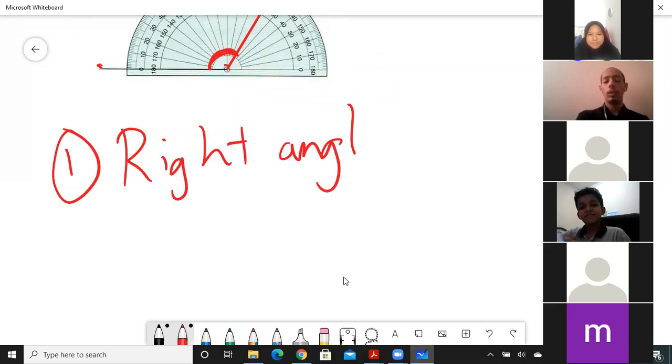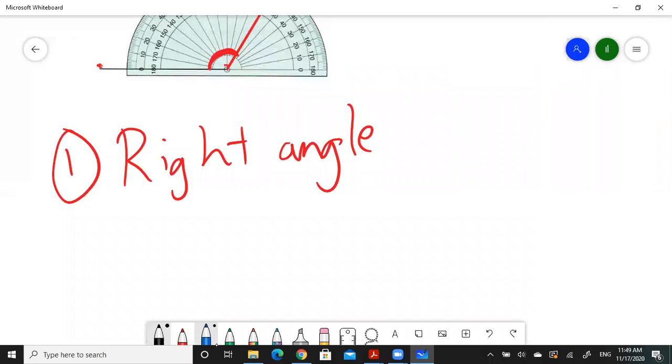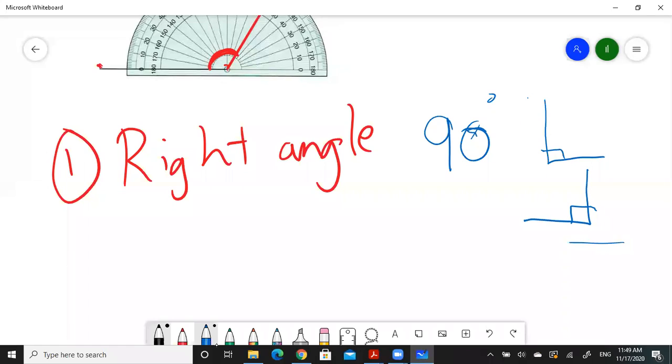What is the size of a right angle? 90 degrees. The construction of the right angle is like the letter L, whether it's like this or flipped or reflected or whatever. All of these are called right angles.